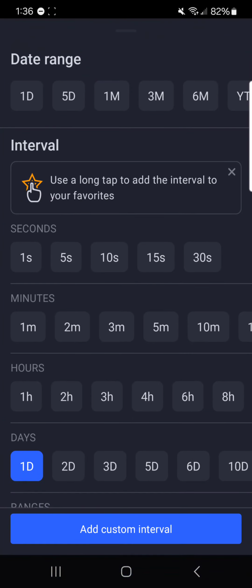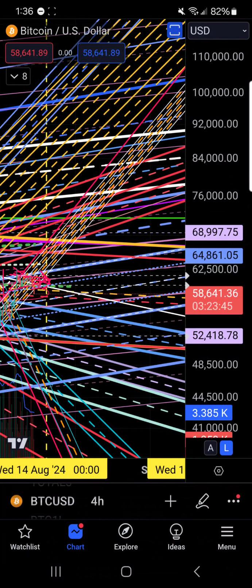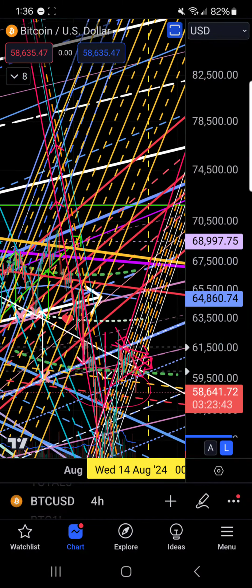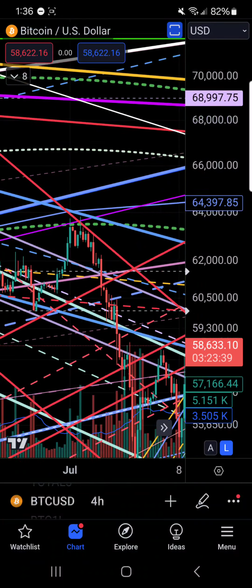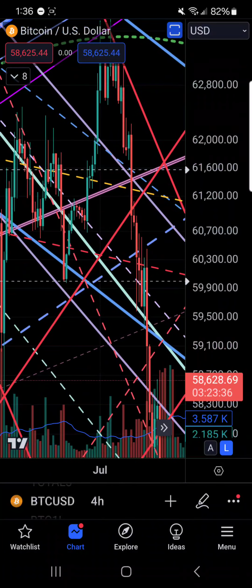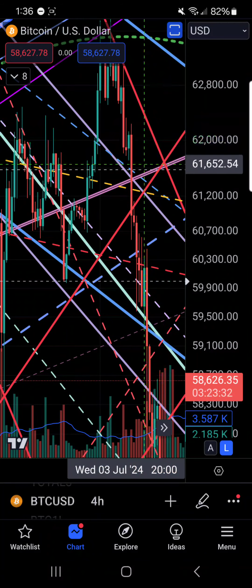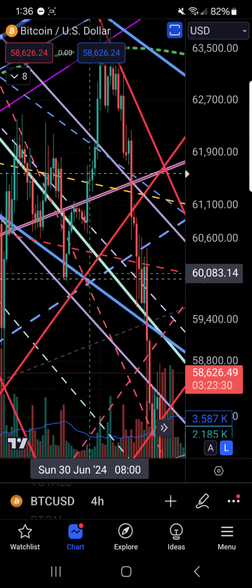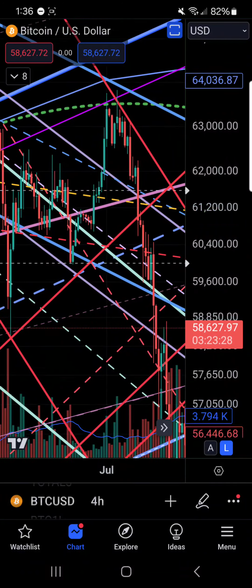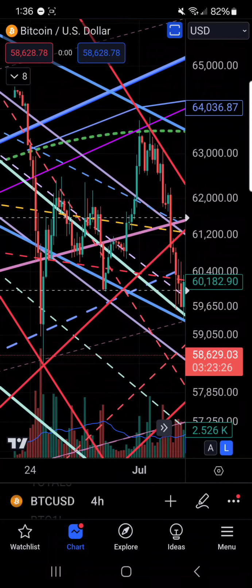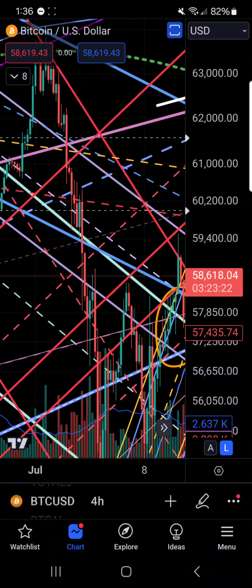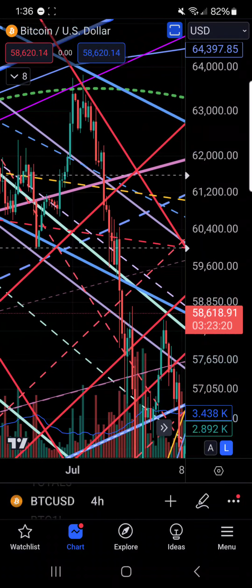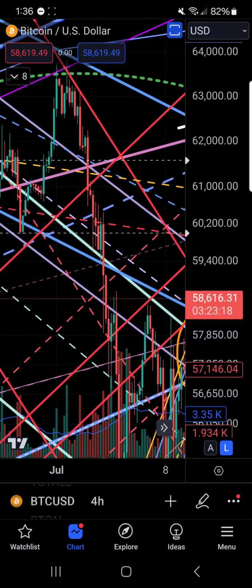Now let's switch to a 4-hour. Now you can see when I zoom in, here's one of our pink channels. Well, there's so many lines, it's hard to tell. Let's look for a blue channel.